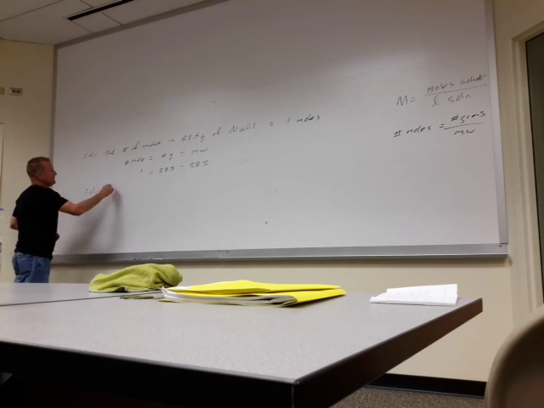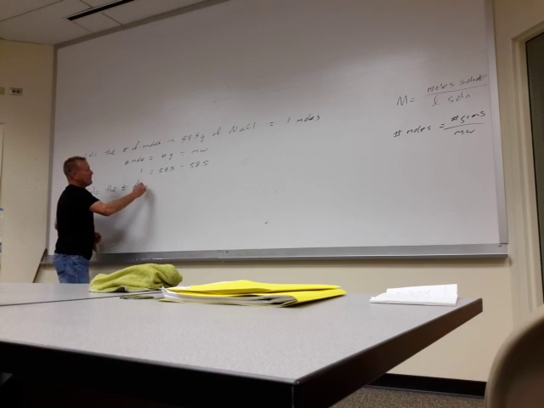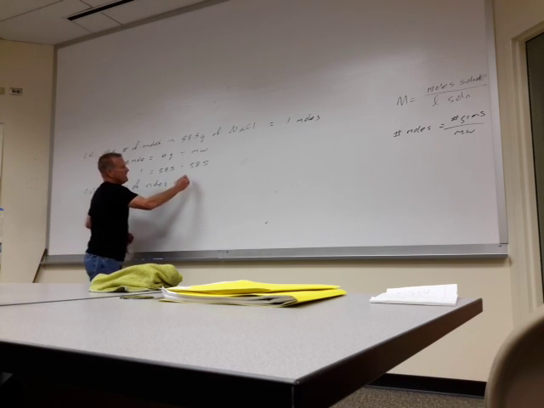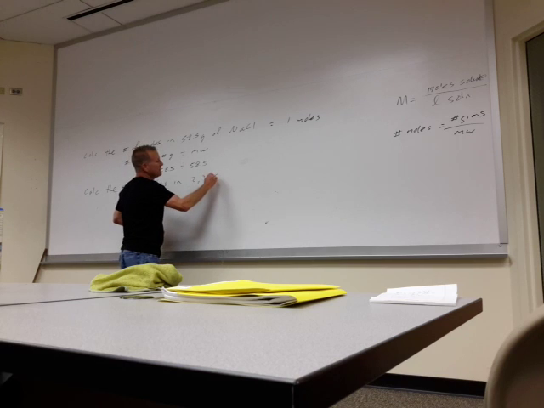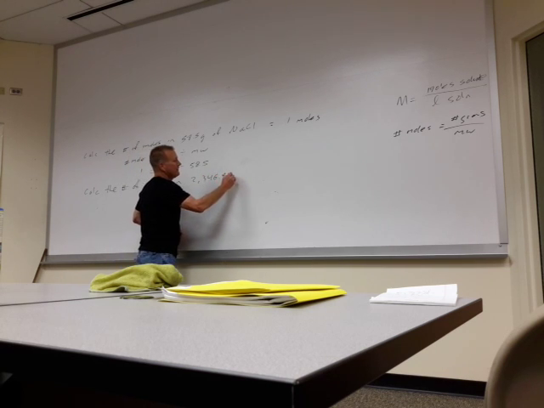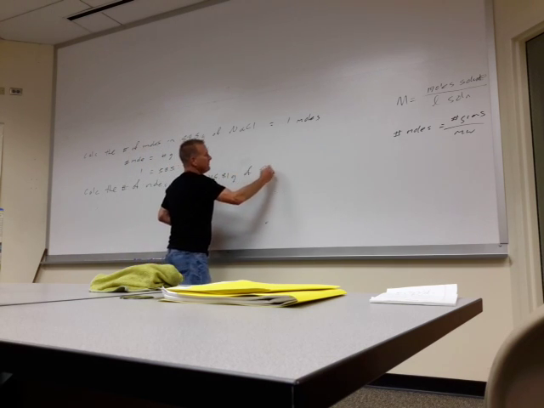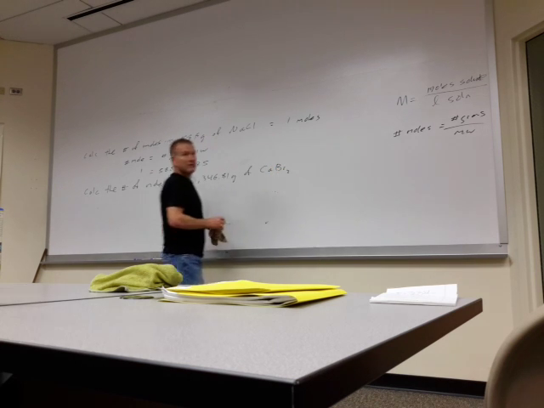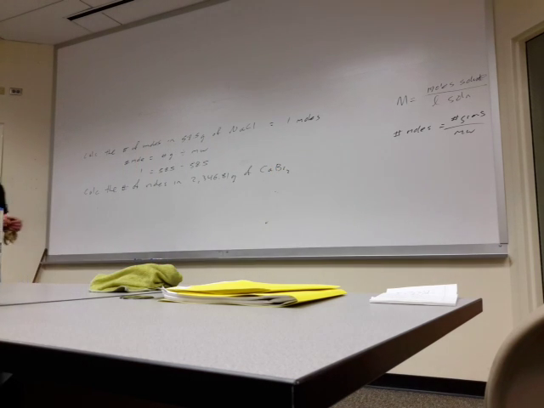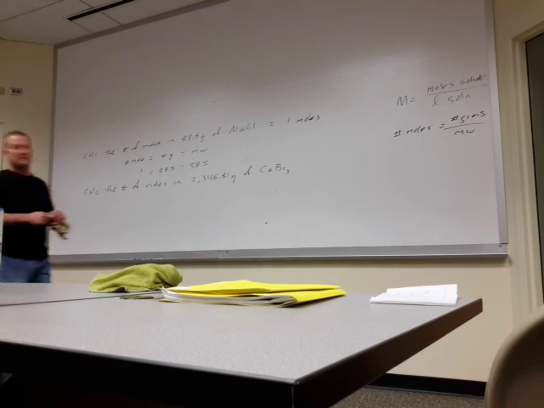Calculate the number of moles in 2,346.81 grams of calcium bromide. It's no longer mathless math. What's the first thing we need? Molecular weight of what?